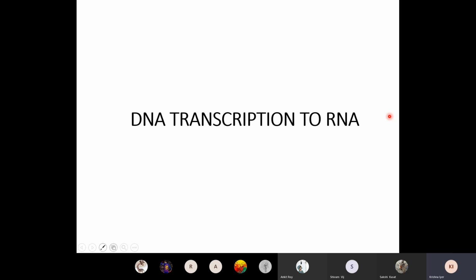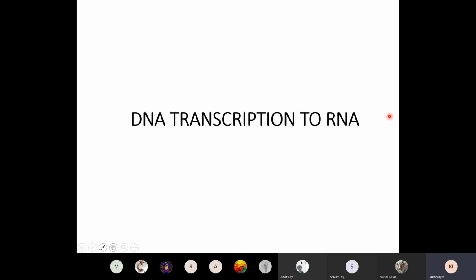Now we are going to look at the second aspect of the function of DNA, its function as the repository, the holder of genetic information. In the first part we looked at how DNA got replicated, and if there are any damages, how they got corrected.